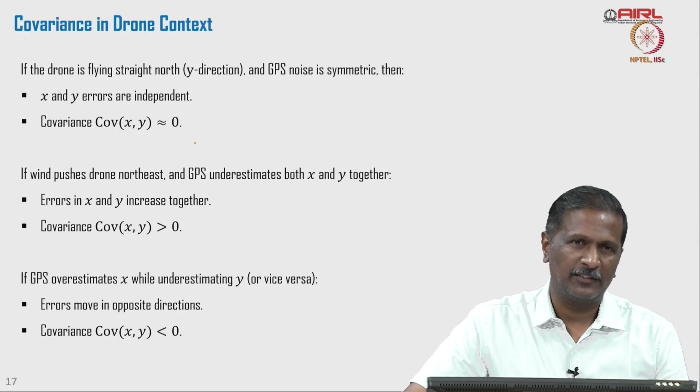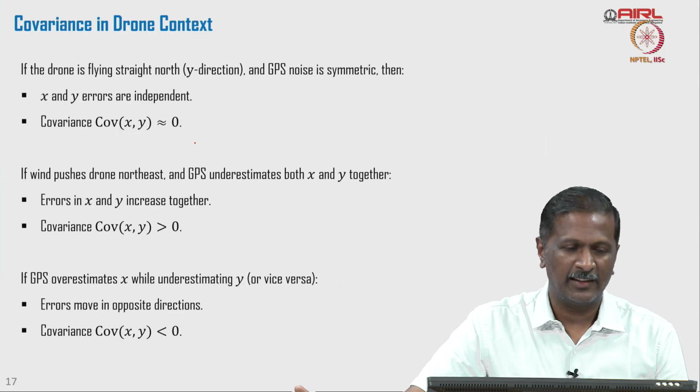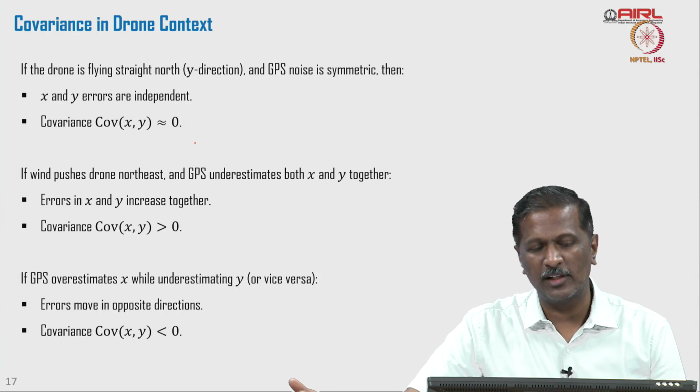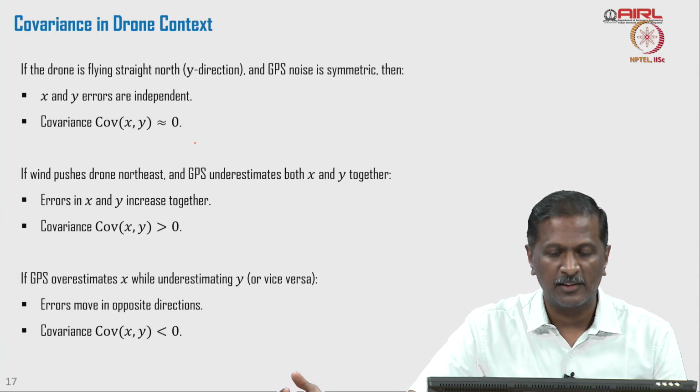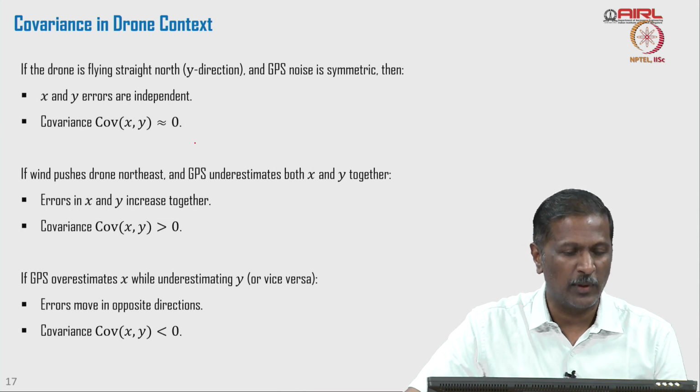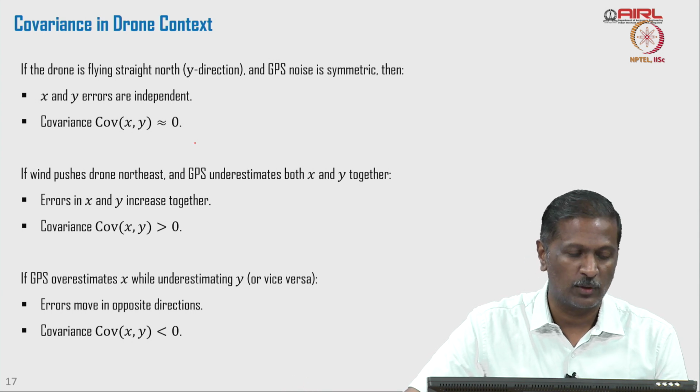In the context of the drone, what does covariance really mean? If the drone is flying straight, let us say to the north, and GPS noise is symmetric, then the XY errors are independent, so the covariance of XY is close to 0.